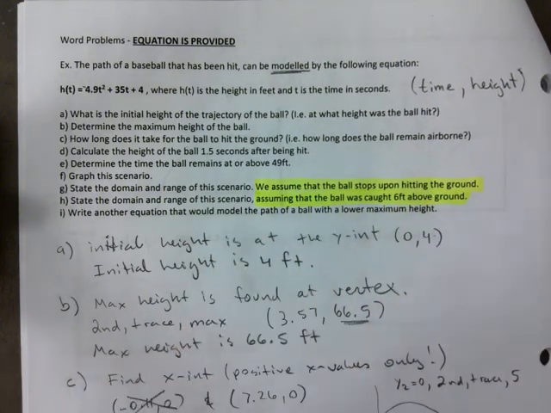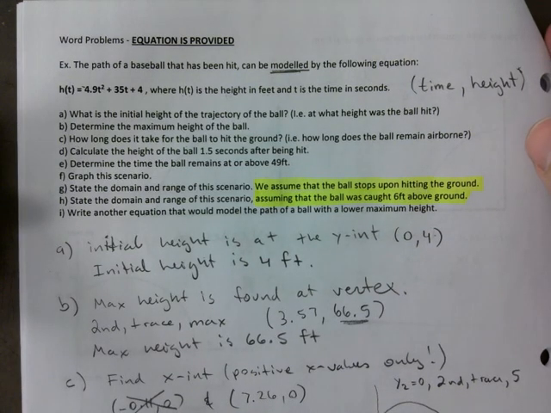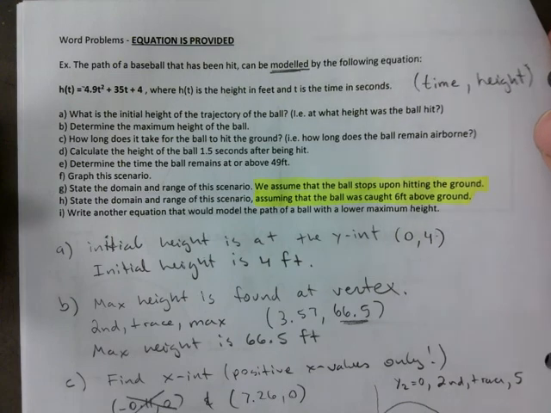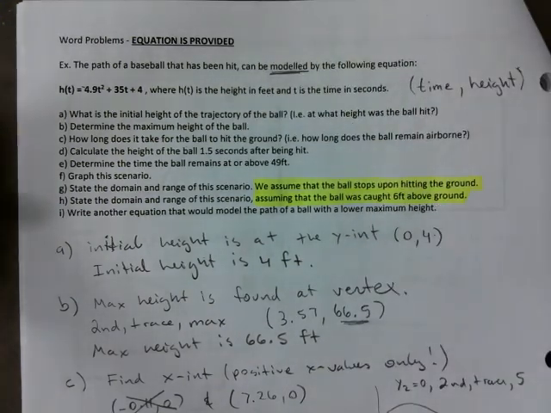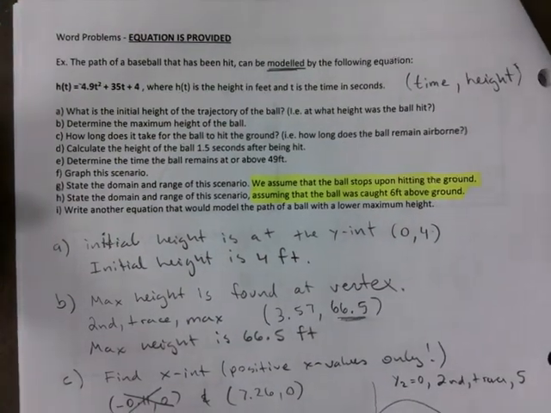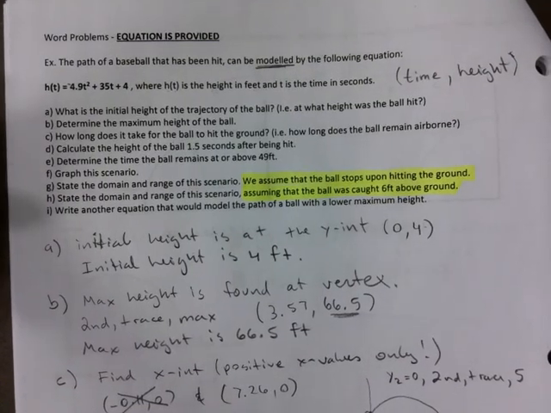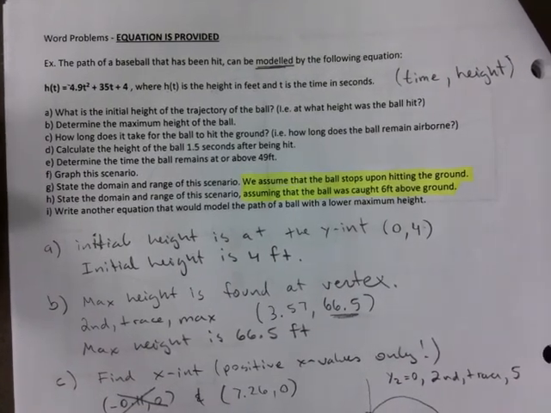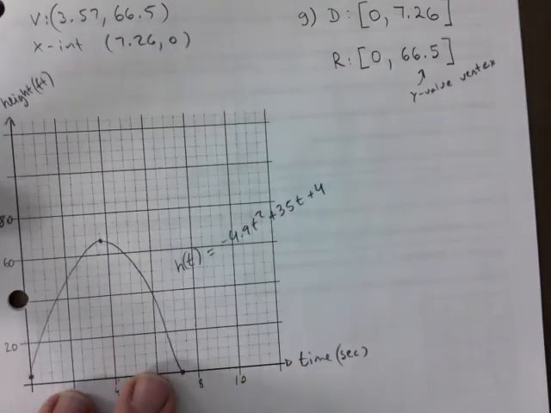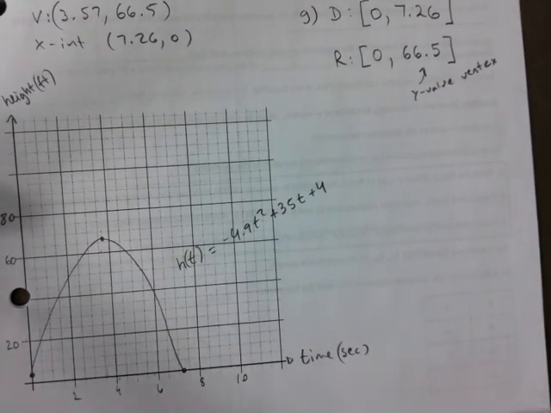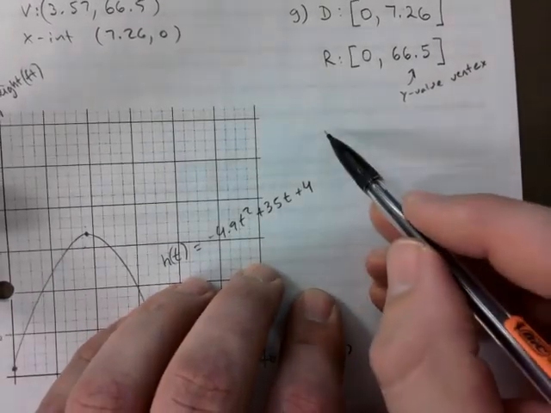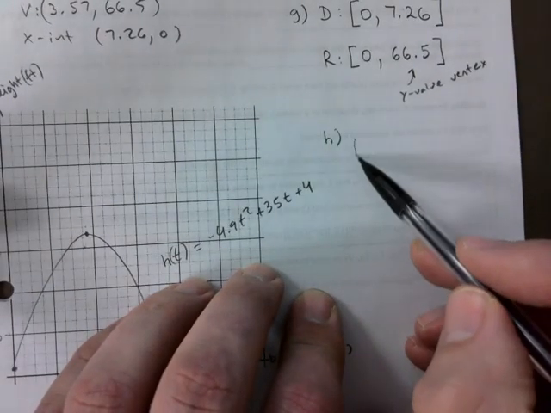Different spin to it. Say what? Assuming it was caught 6 feet above ground. So let's go to the back. And for H, I'm going to give you a little diagram, just a sketch.